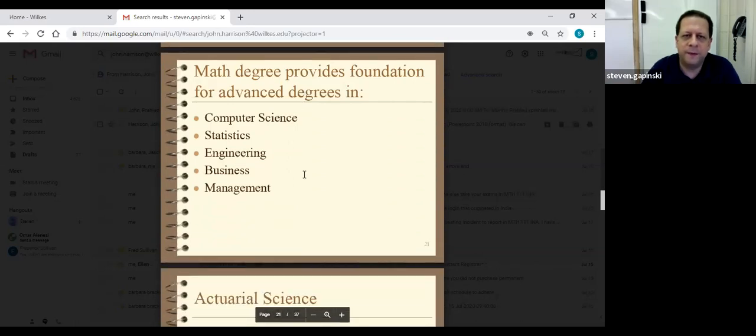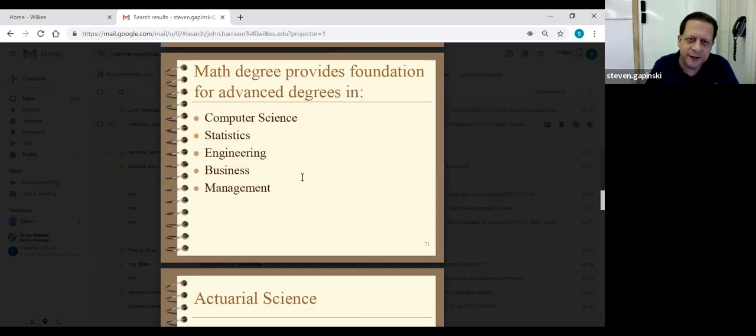And the math degree, as I said, is a groundwork for potentially other advanced degrees. Clearly, computer science, statistics, engineering, business, and management all fall under those categories. I know, as I said, I mentioned the guy that ended up being a cardiologist, went to med school.